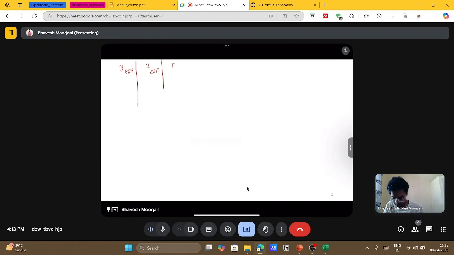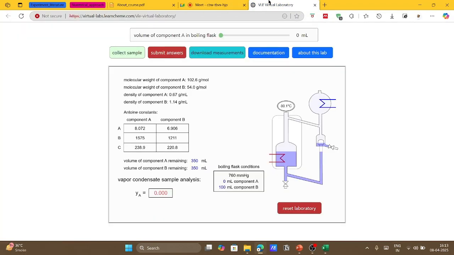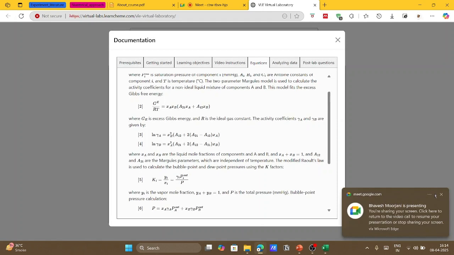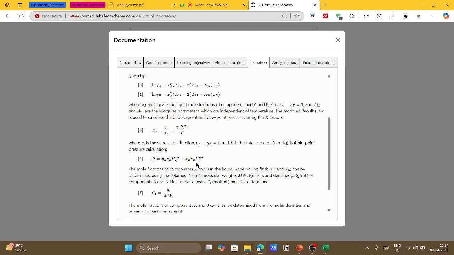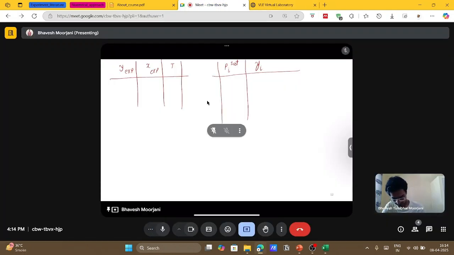We already have this tabular data. We compute Pi sat, then we use the Margules equation to find the corresponding activity coefficient. Once we know the activity coefficient, we compute the corresponding yi. So this will be a theoretical value, right?